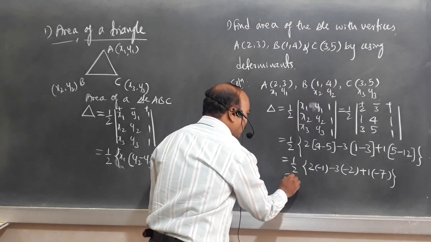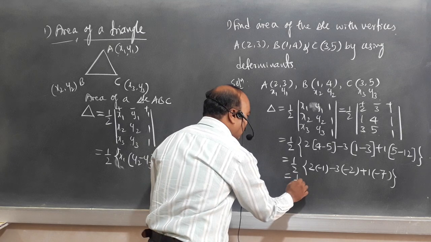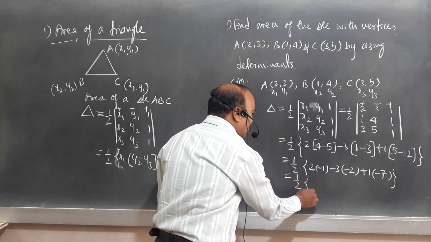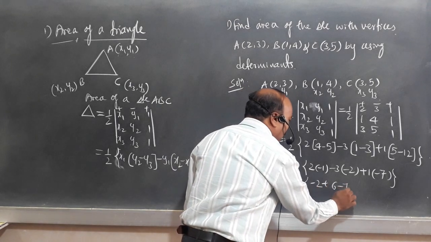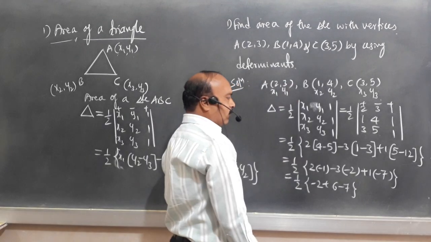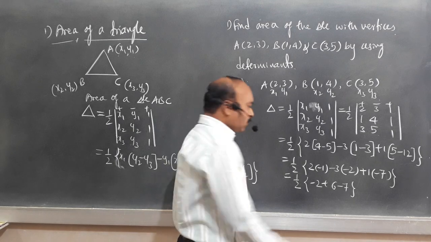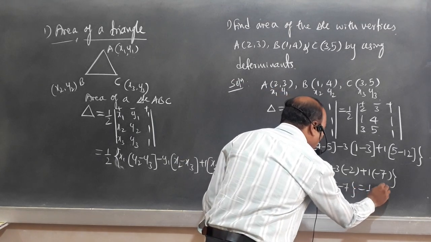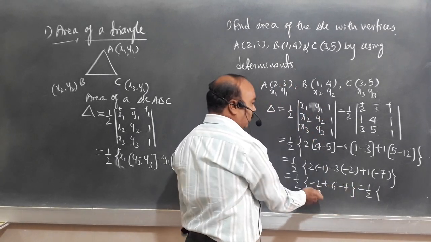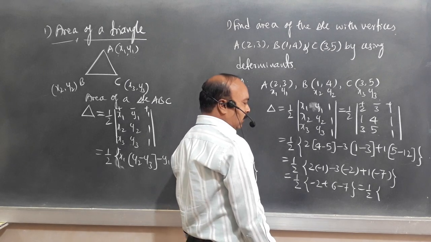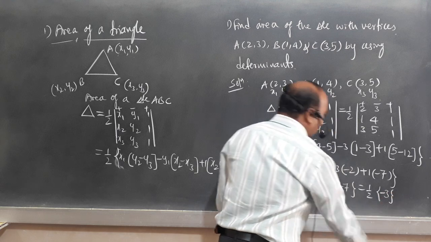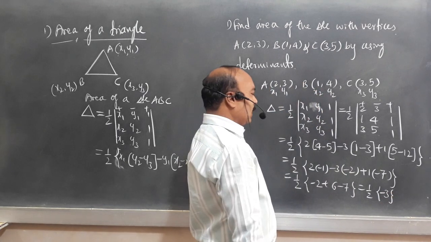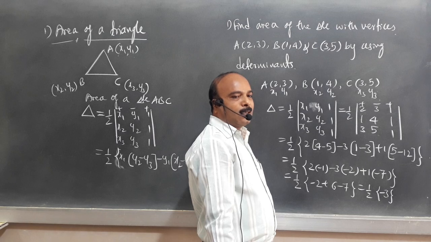Now we get 1 by 2, minus 2 plus 6 minus 7. 1 into minus 7 is minus 7. We get 1 by 2 into minus 7 minus 2, minus 9. Minus 9 plus 6 is minus 3. Now it is minus 3 into 1 by 2.